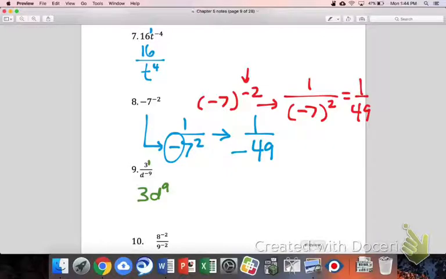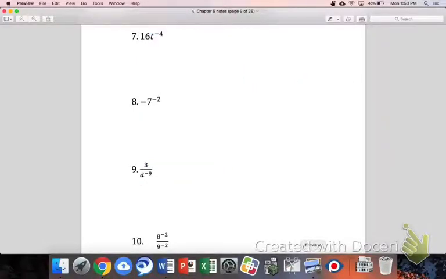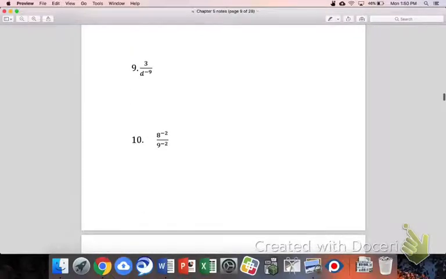That make sense? It's really important that we understand why something flips up or down and why something doesn't. We've got a couple of good examples there with 7 and 9. And then finally, number 10. We have 2 different bases on number 10, right? And don't both bases have negative exponents? Since both bases have negative exponents, both bases flip.